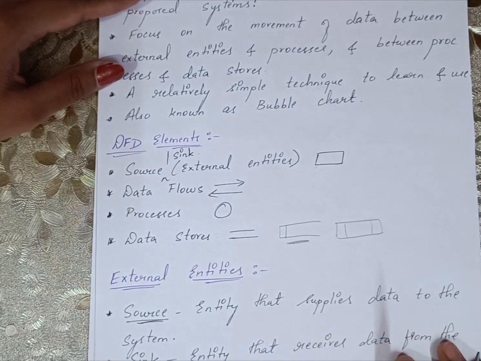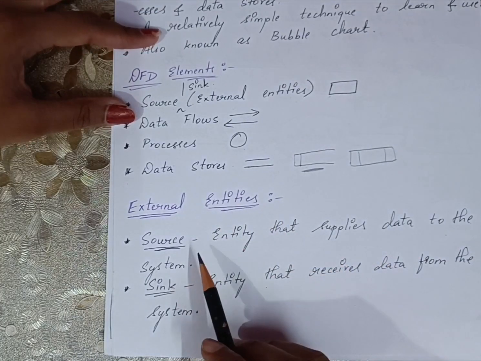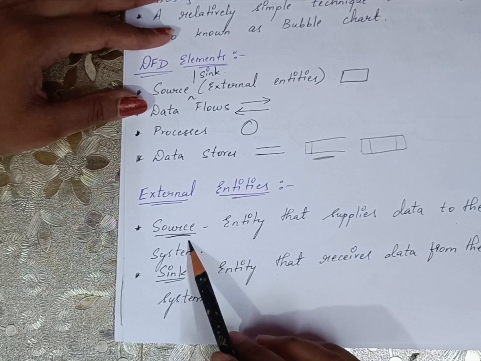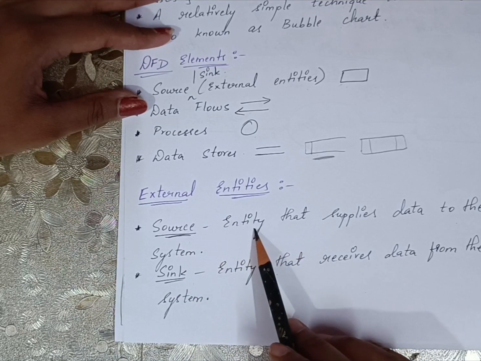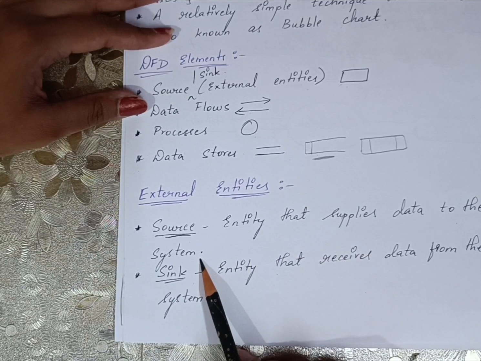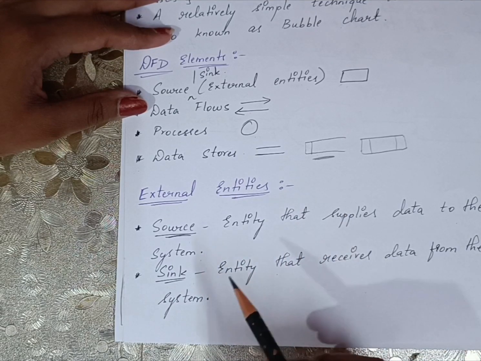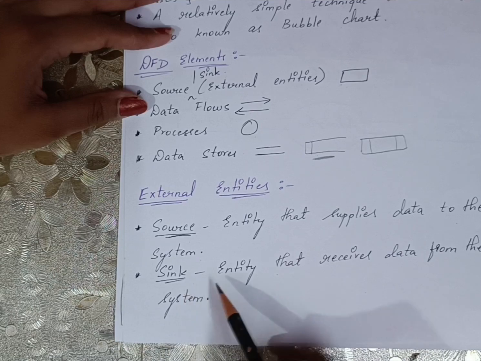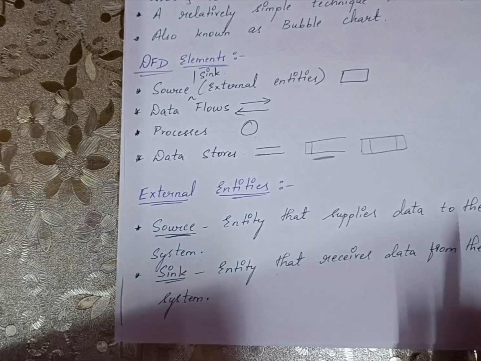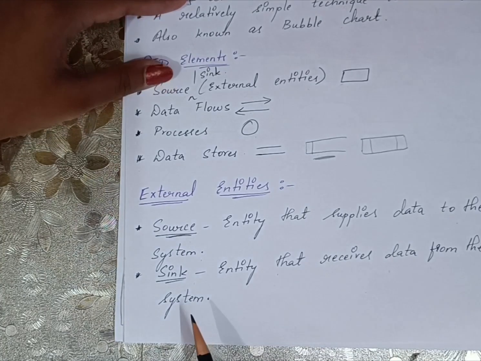So next is entities, source and sink entities. Already we know that source means an entity that supplies data to the system, and then sink is an entity that receives or fetches information or data from the system.